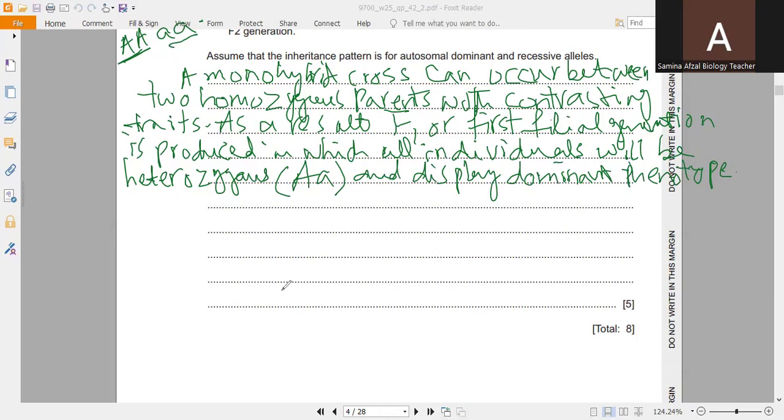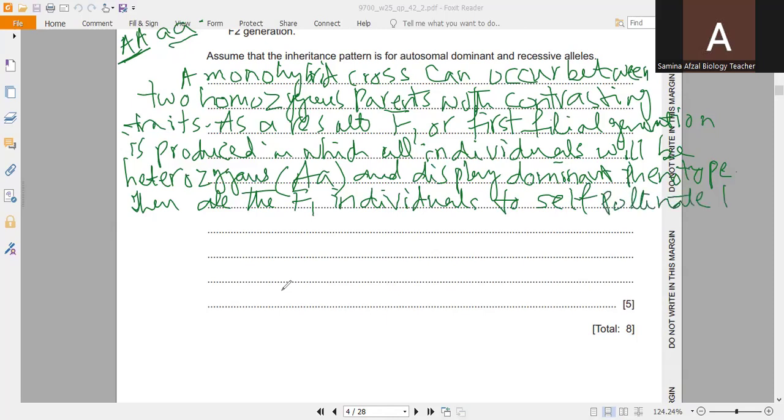So then allow the F1 individuals or the organisms to self-pollinate to get F2 or second filial generation.